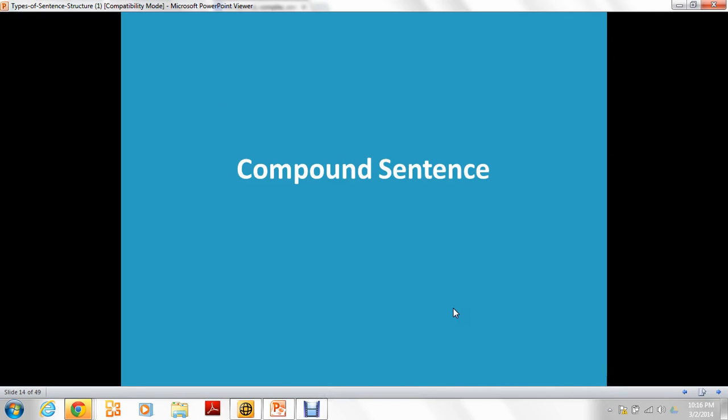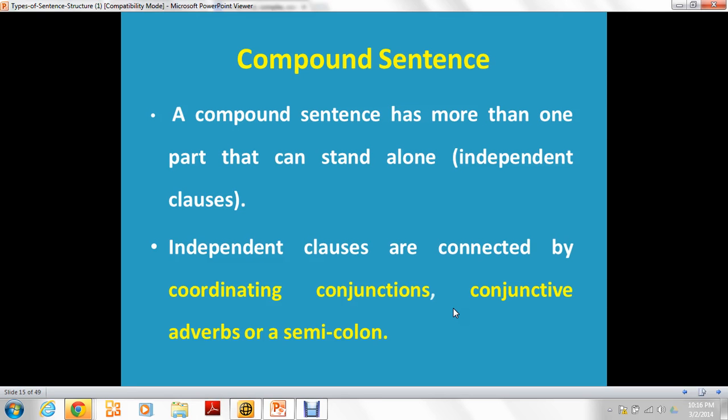Compound sentence. Okay, this is what I was just telling you about. There's a difference between compound subject and compound predicate, and then a whole compound sentence. What do you think the difference is? Well, let's find out. A compound sentence has more than one part that can stand alone, or independent clauses.